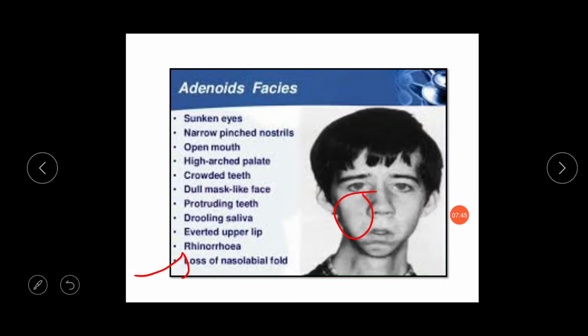So these are the characteristic features of adenoid facies that you have to remember.